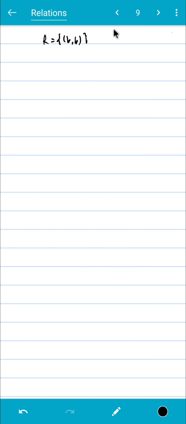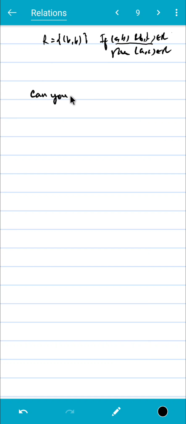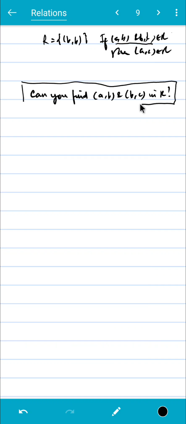The condition for transitivity is: if (A, B) and (B, C) belong to R, then you need to check whether (A, C) belongs to R. First of all, you have to scan the relation for (A, B) and (B, C). So can you find an (A, B) and a (B, C) in R? That's the first question you need to ask yourself.